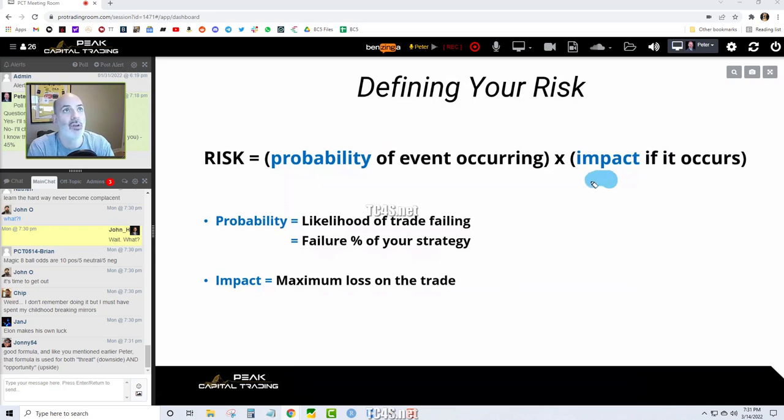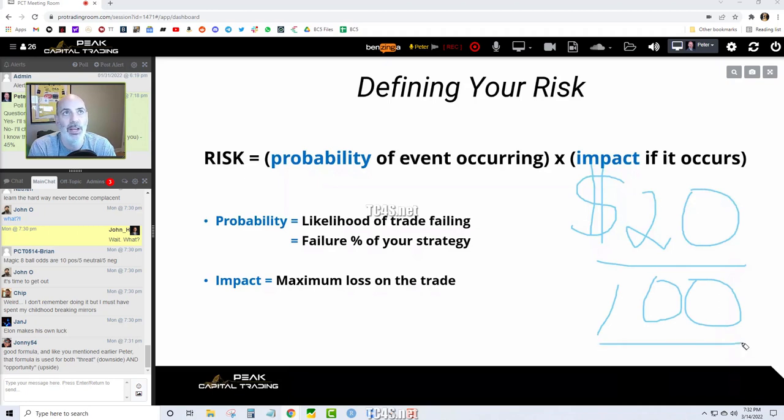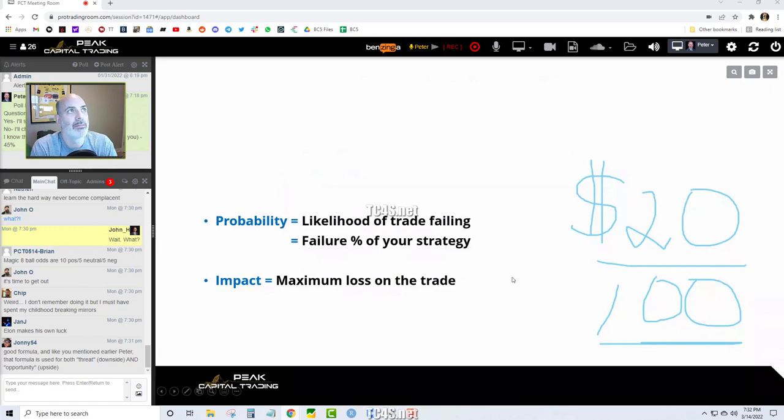Well, that completely depends on, whoa, really big pen, sorry, that completely depends on the risk on your trade. So if you have a $20 risk, well, the impact if it occurs is $20. If you have a $100 risk, well, then that's your impact. Right? We can define the impact well, and we can actually define the probability. So if I bring this back to trading, let's just update the formula then a little bit, right?